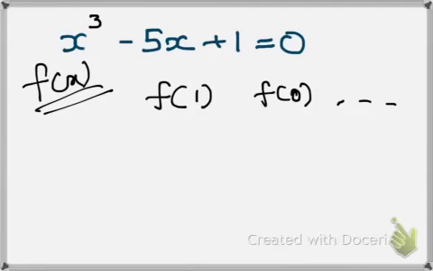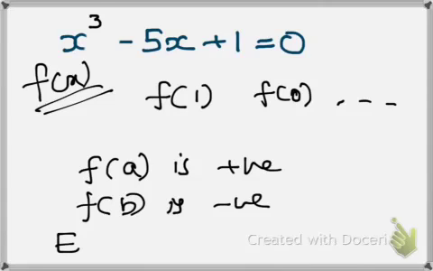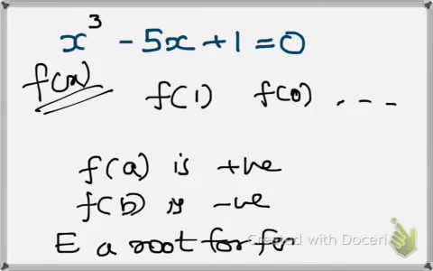The principle of bisection is, suppose f of a is positive and f of b is negative, then there exists a root for f of x in the interval b comma a.